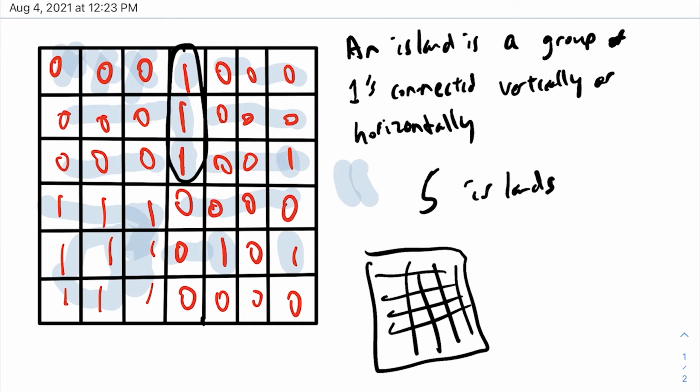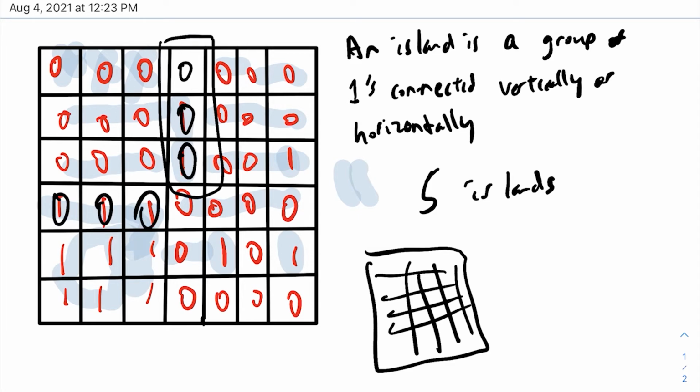What I mean by that is instead of having a 1 here, every time you visit a 1, you just drown it. So let's say you get to here, you just turn it to a 0, and then you get to here, you turn it to a 0, and that is just one group. Each time we turn these into zeros, so they don't get recounted when we go through.